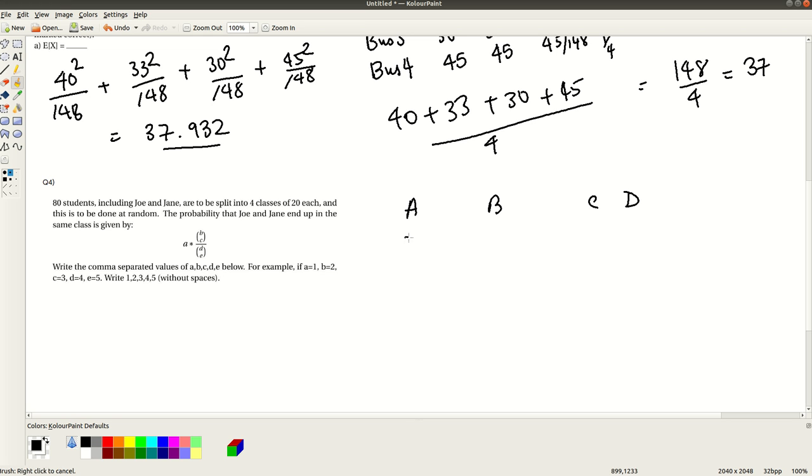So these are the 4 classes, each will have 20, 20, 20 and 20.